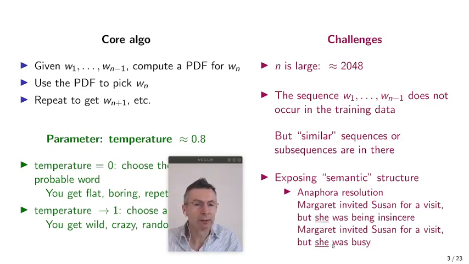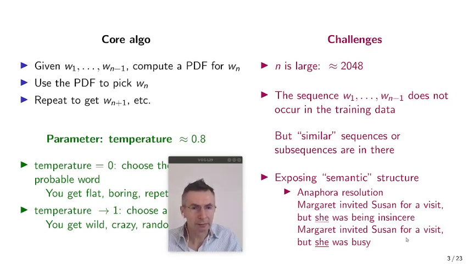And here you have two sentences where the word she is referring to different things in each sentence, even though the sentences are grammatically very similar. So the first sentence is, Margaret invited Susan for a visit, but she was being insincere. And I think most people would agree that the she there refers to Margaret. It was an insincere invitation.